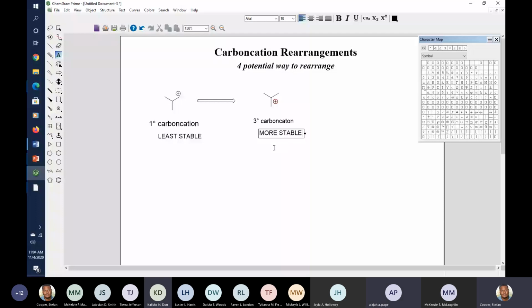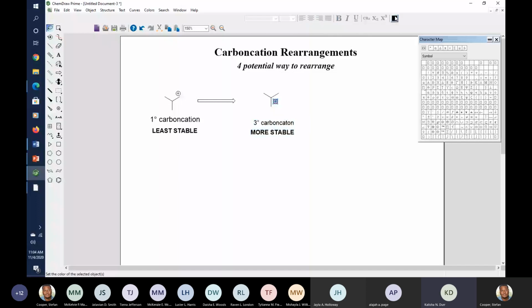Because it's only connected to one carbon. Can you break that down a little more? What does being connected to one carbon do? It has more electrons to share with, versus only sharing with three hydrogens and one carbon. It has two carbons it can share electrons with now.